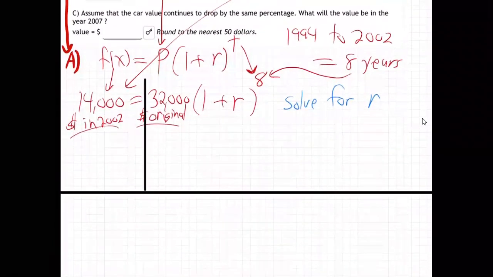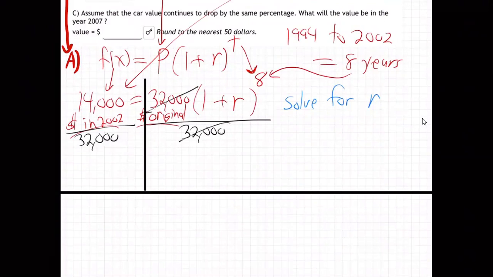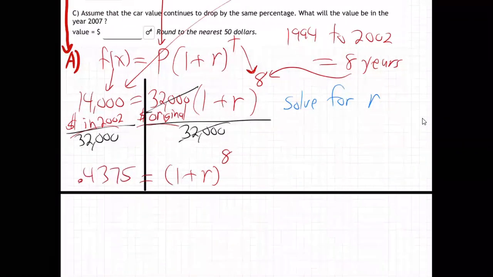So, okay, first thing we're going to need to do is divide by 32,000. Trying to get r alone, right? We get 1 plus r to the 8. I'm going to take the other side, and I'm getting 0.4375.